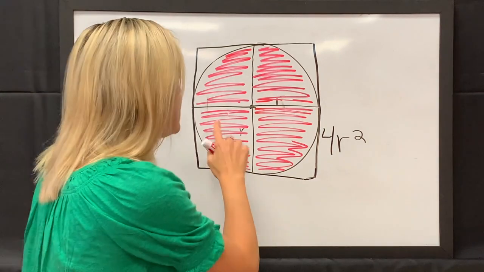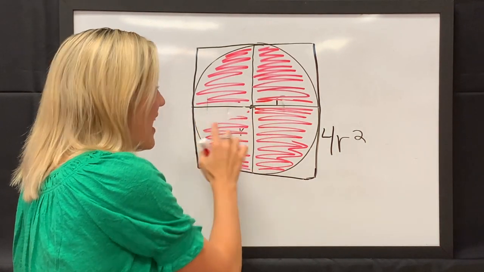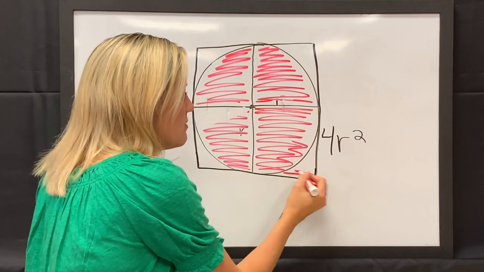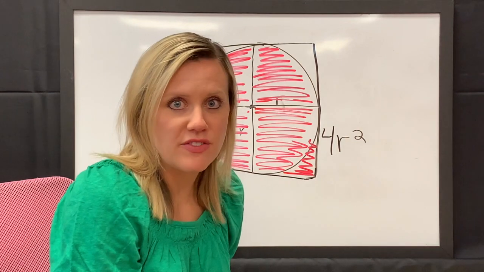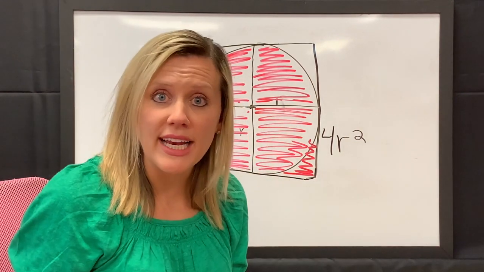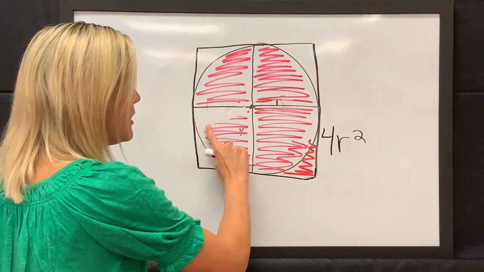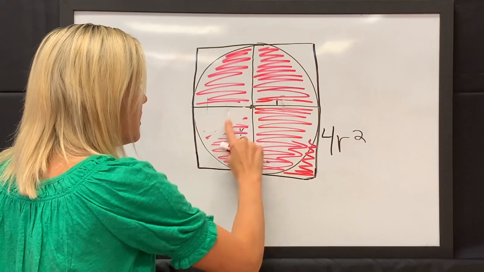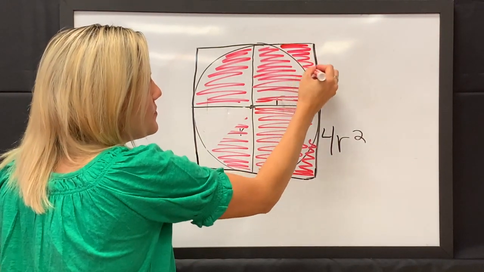So I'm going to pretend to take a little bit away from here, and I'm going to add it on right here. Okay, now I have one full square that is filled up, and I know how to find the area of that square. That's just radius squared, or radius times radius. Okay, I'm going to take a little bit more, and I'm going to move it up here.